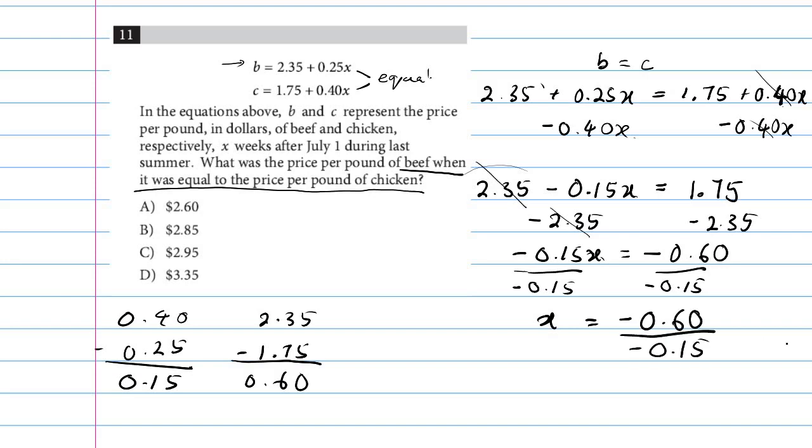Seeing this, students sometimes freak out with the negatives and the decimal points. It's not that hard to deal with. You have a negative value divided by a negative value. Remember that when you multiply two negative values, you get a positive value. When you divide a negative value by a negative value, you also get a positive value. So these negatives cancel out.